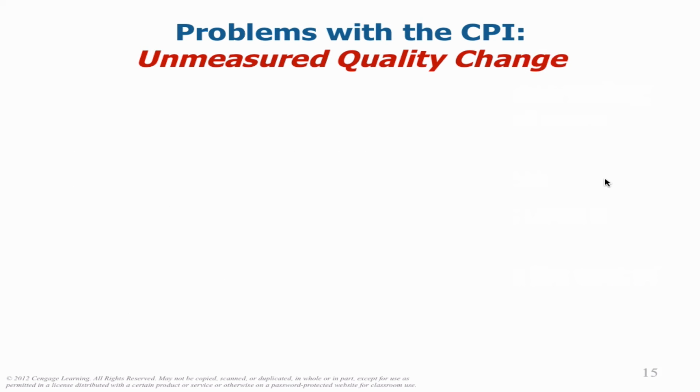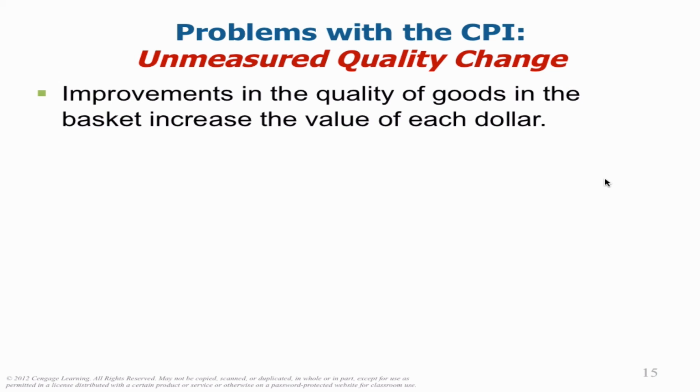And then unmeasured quality changes. Sometimes the stuff we buy actually gets better. I know. Now with new improved stain cleansing powers. So if I've been buying my Tide and I'm still getting the same amount of Tide, but the Tide does a better job than it used to, that Tide is more valuable to me.